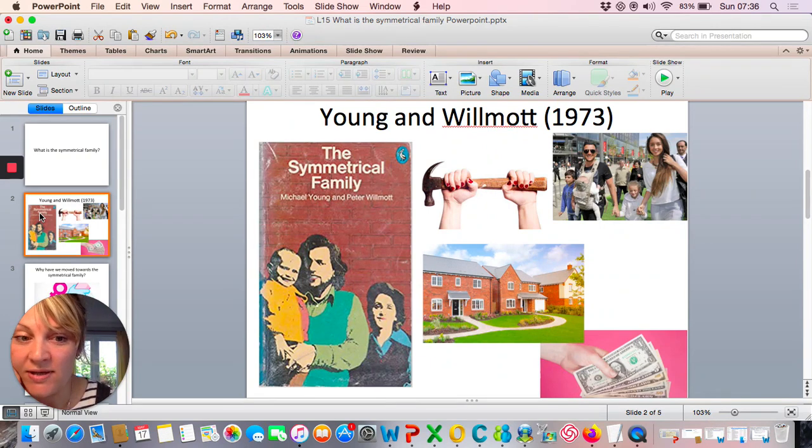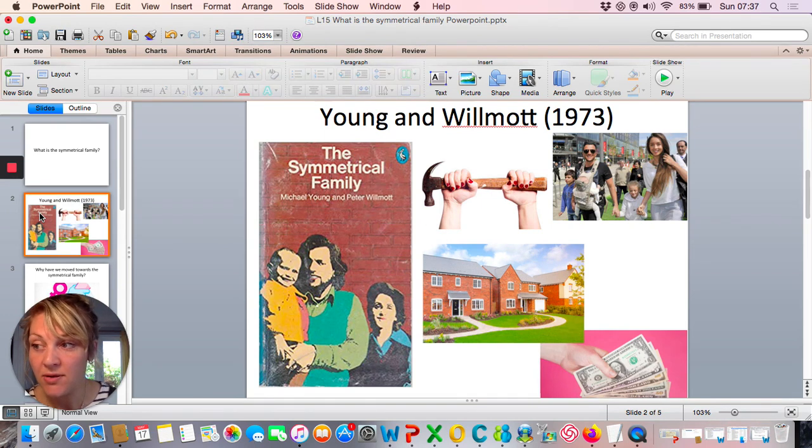Other characteristics of the symmetrical family include a financial partnership between the husband and wife. There is greater joint decision making, including decisions on how money is spent, which becomes a much more shared activity. Another characteristic is that husband and wife are more home centered than in the past. For example, there's a growing interest in DIY.